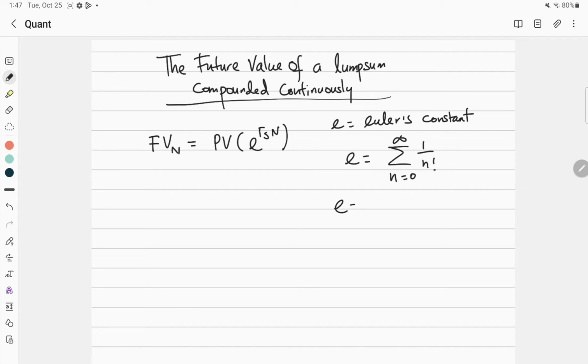This means E is 1 over 0 factorial plus 1 over 1 factorial plus 1 over 2 factorial, and so on up to infinity. So if you add this series, you'll get E. E is a constant, and its value is about 2.71828, and it just goes on like this.